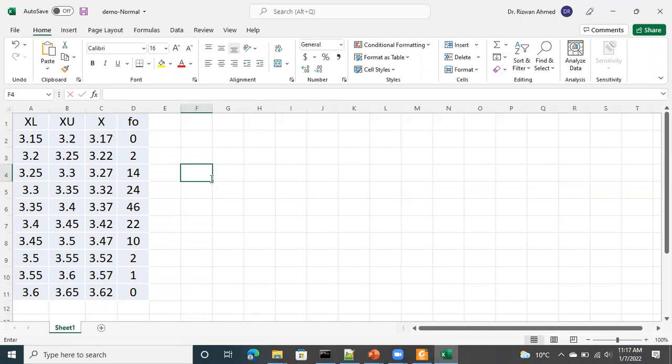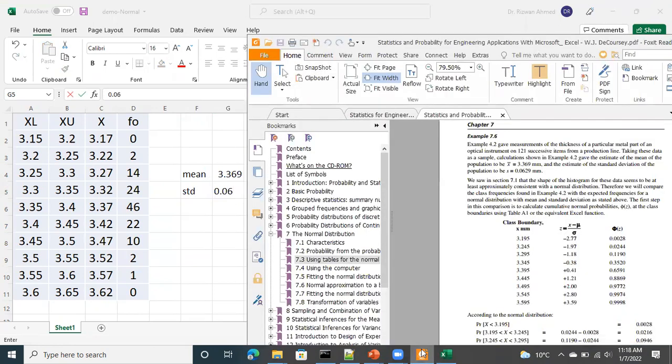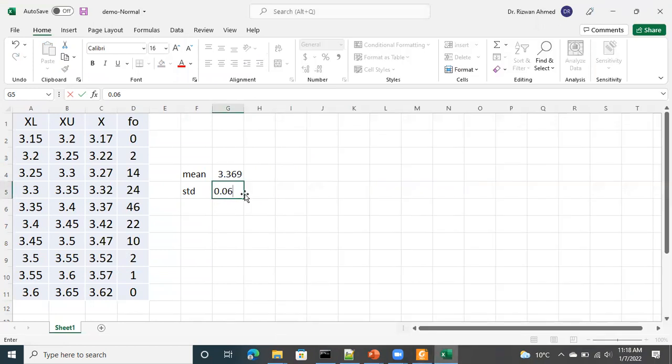Mean value 3.369, and standard deviation 0.0629. So these are the mean and standard deviation values.